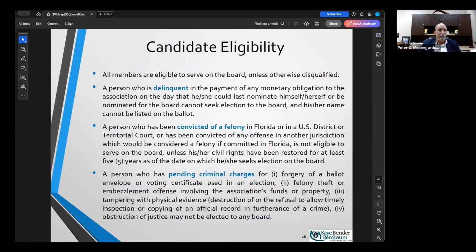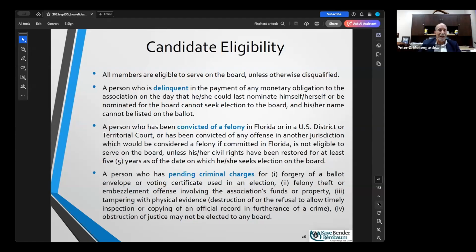Also, anyone convicted of a felony, either in Florida or in a U.S. district or territorial court, is not eligible to serve on the board unless their civil rights have been restored for at least 5 years as of the date on which he or she seeks election to the board.